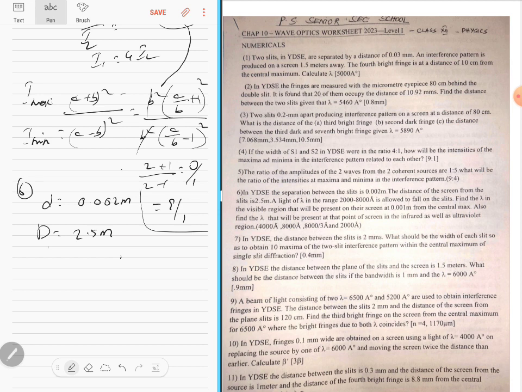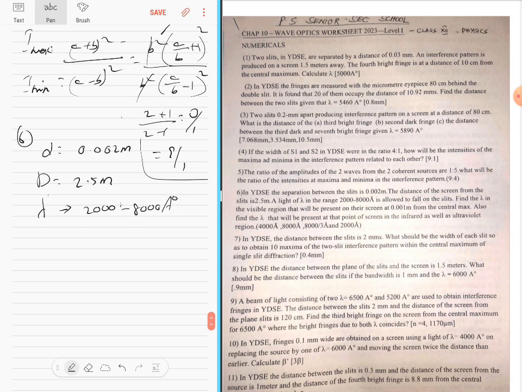Light of wavelength lambda, which ranges from 2000 to 8000 Angstrom, is allowed to fall on the slits. Find the lambda in the visible region that will be present on the screen at 0.001 meter from the central maxima, some position y. Also find the lambda that will be present at a point on the screen in the infrared as well as ultraviolet region.